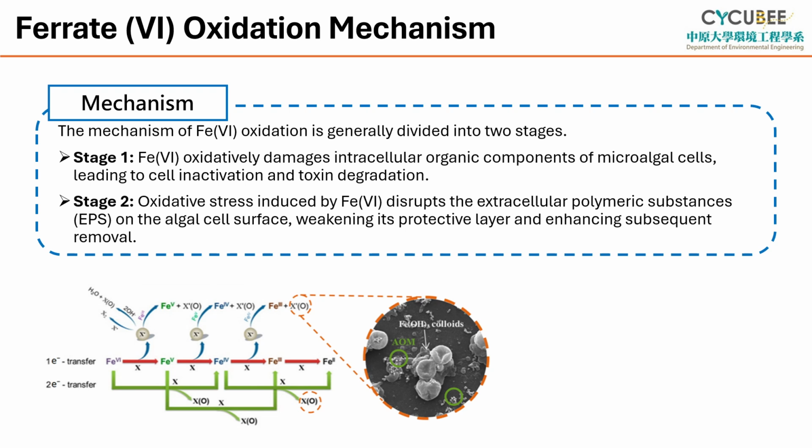When it releases the electrons, it oxidizes the algal cell surface at the same time. That's why ferrate(VI) can use oxidation to remove the algal cells.